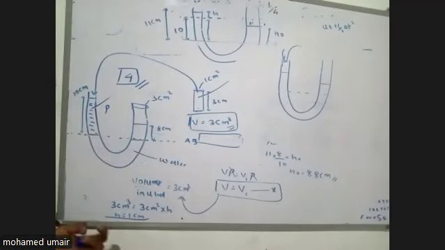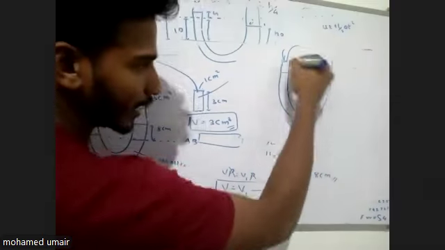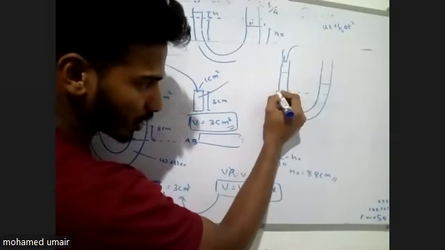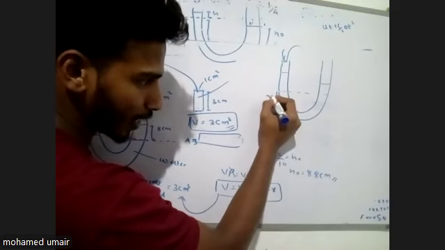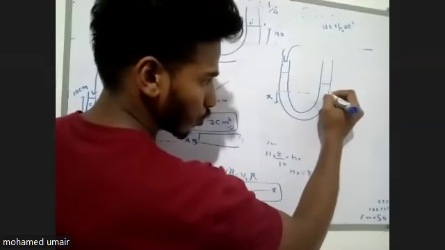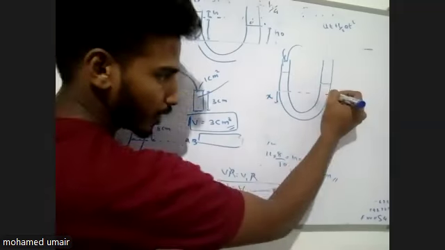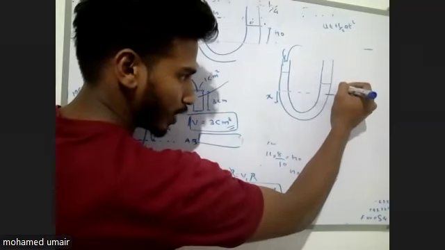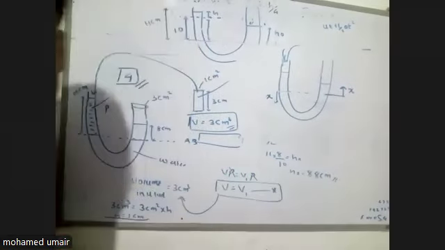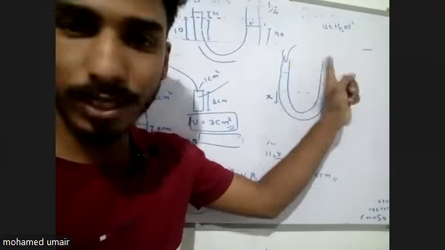So let's say, by adding this liquid, this common interface went down by a distance x. So what will actually happen is, from here, the common interface will rise also by distance x, and only if the cross-sectional area of the U-tubes are the same, okay?